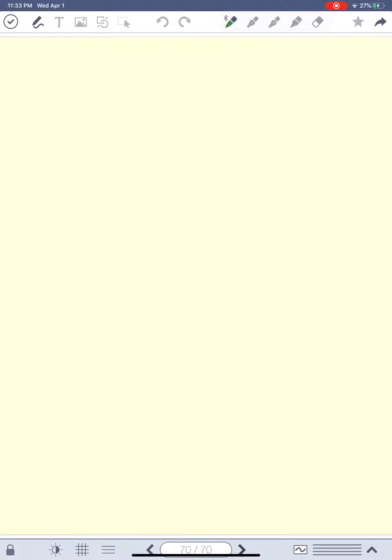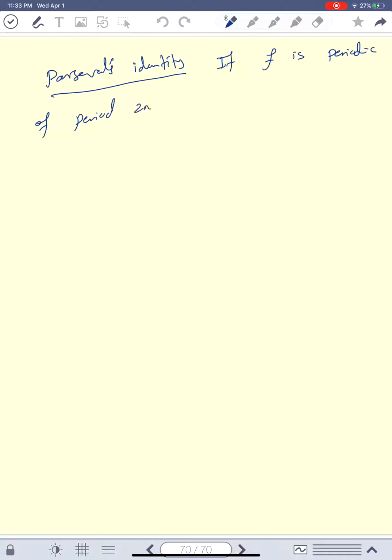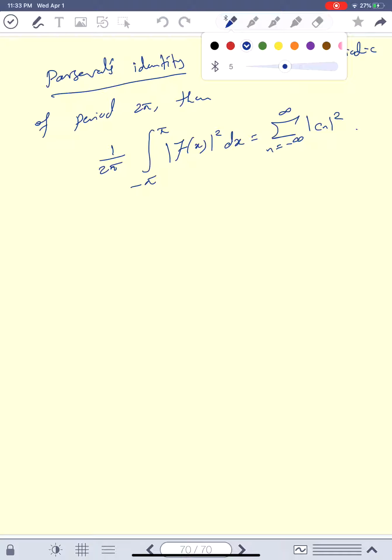So the summary is, Parseval's identity: if f is periodic of period 2 pi, then 1 over 2 pi times the integral from minus pi to pi of f of x squared dx is equal to the sum from negative infinity to infinity of the absolute value of cn squared.